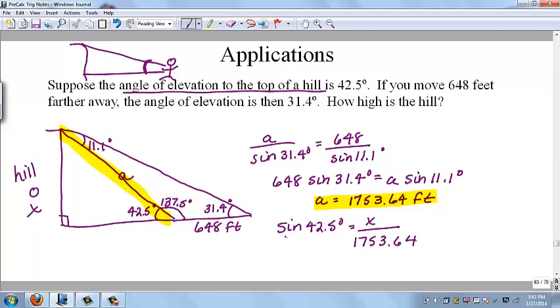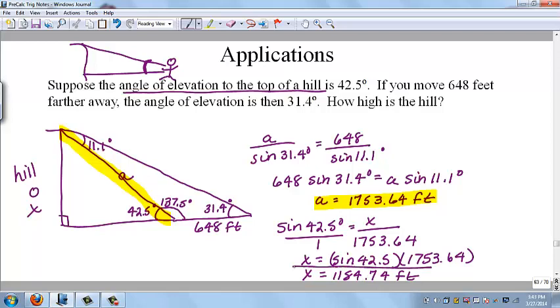And when I cross multiply this, I have x equals the sine of 42.5 degrees times the 1753.64. Actually, I should have put that in front. So when I do that, the hill comes out to be 1184.74 feet. So that is how high my hill is. Okay, so I've solved for it.